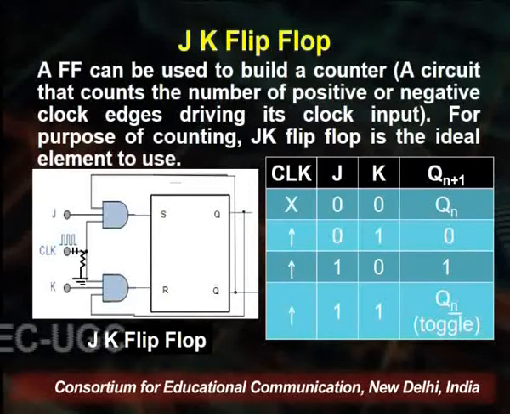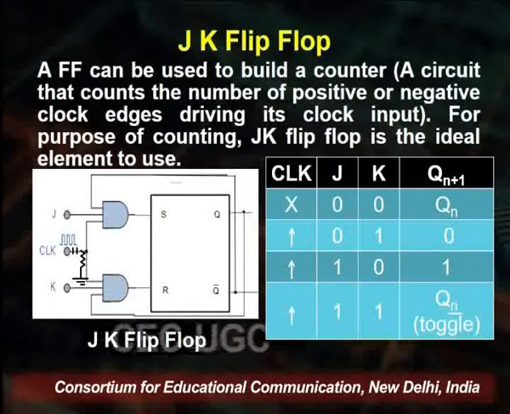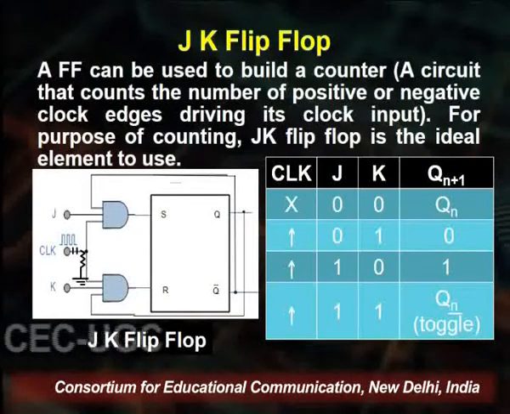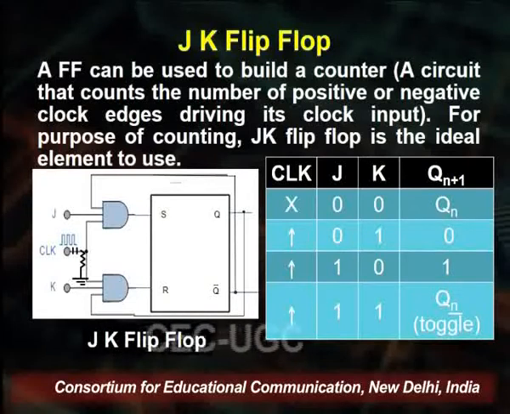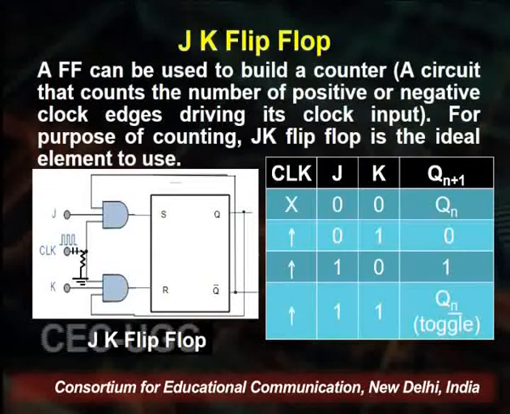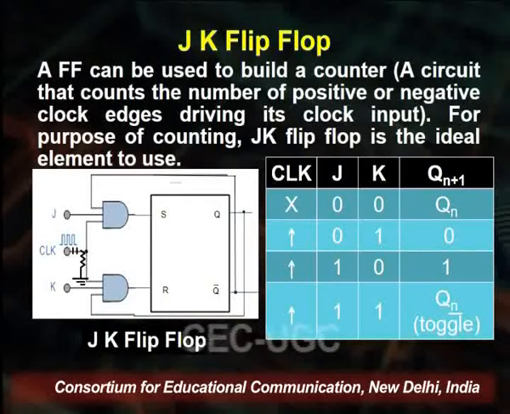And the surprising result in this case, when clock is high and J equal to 1 and K equal to 1, then the next state would be the complement of the last state. This is a very surprising result, and this surprising result will be very useful for us to design future circuits of counters, as we'll see in the next few slides.